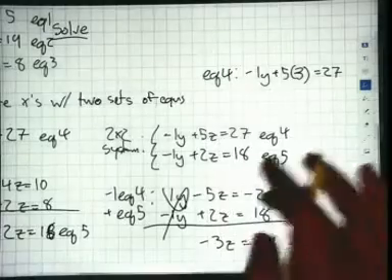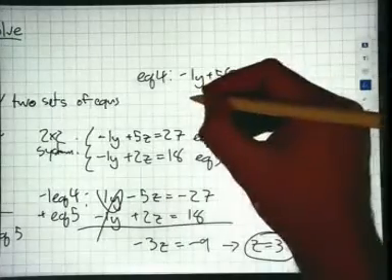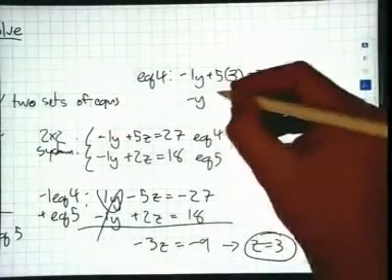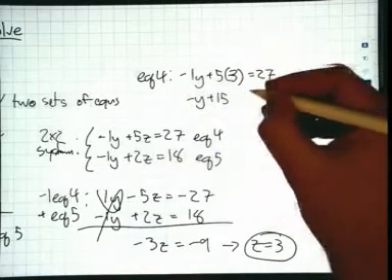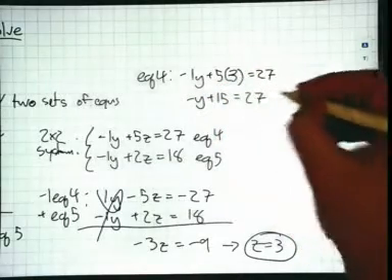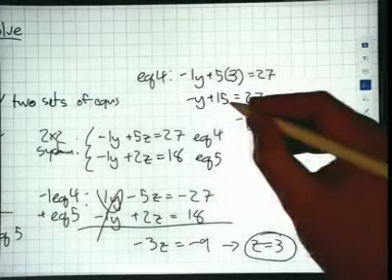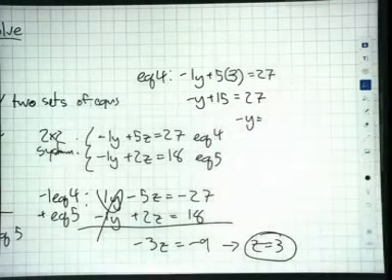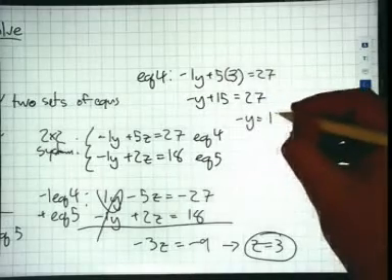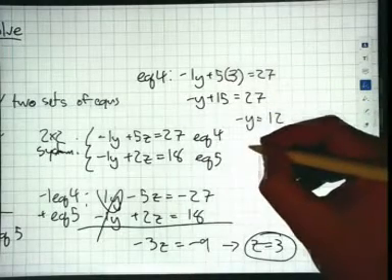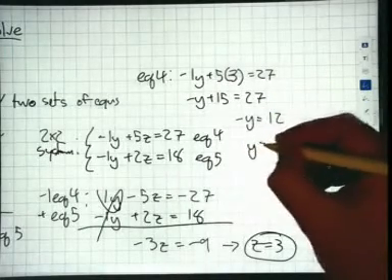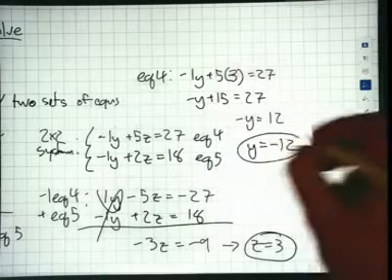So I'm plugging in z is 3. This gives me negative y plus 15 is equal to 27. So that means negative y is equal to, subtract 15 on both sides, that gives you 12. So that means that y is equal to a negative 12. Okay?